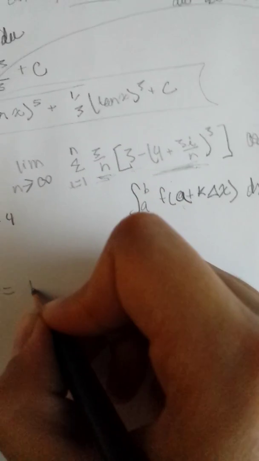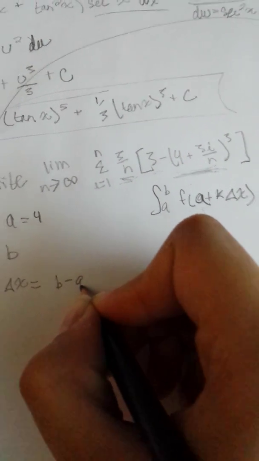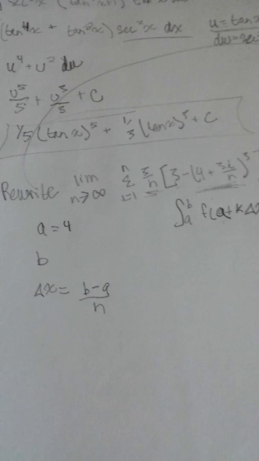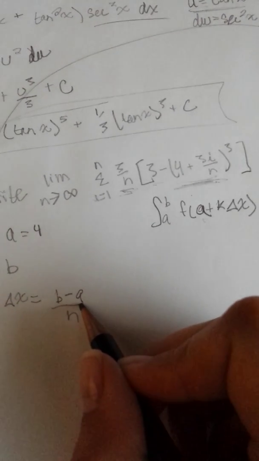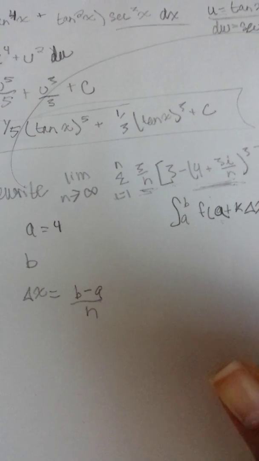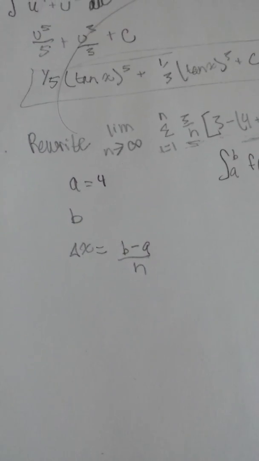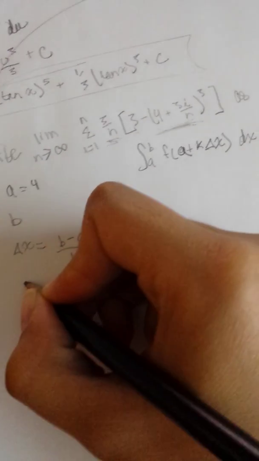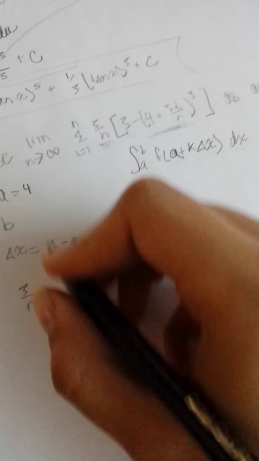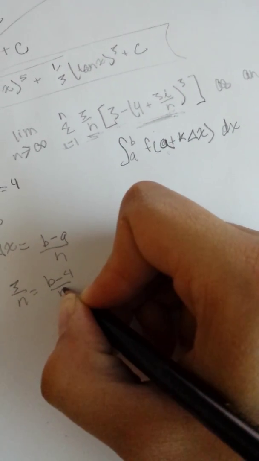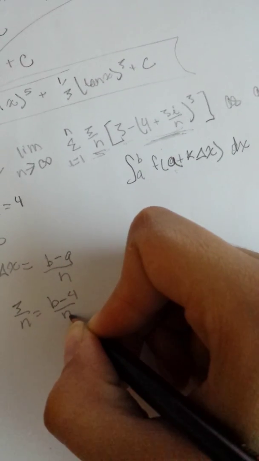Your delta x is equal to b minus a over n. So what we're concerned with is this b minus a. You know what your a is, and you also know that your delta x is 3 over n. So what you're going to do is set this 3 over n equal to b minus 4 over n.